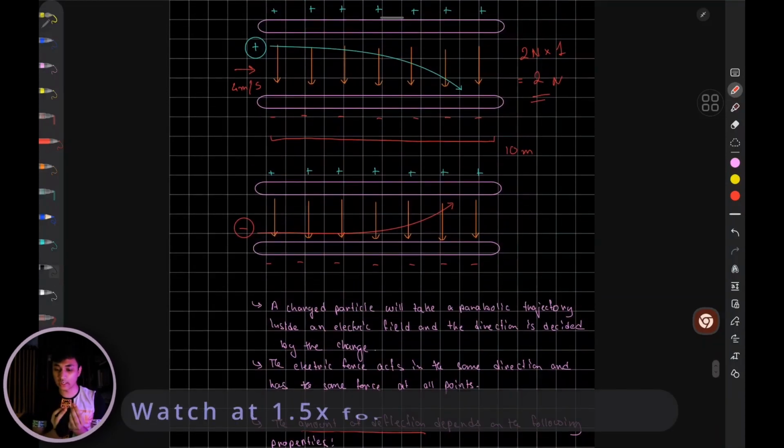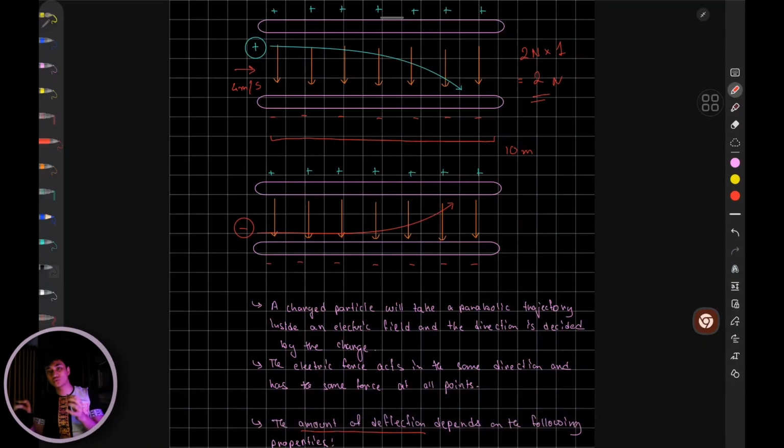When a charged object has a higher mass, it will tend to resist the force even more due to its increased mass, due to inertia. So if you have a lower mass, it will deflect more. Okay?